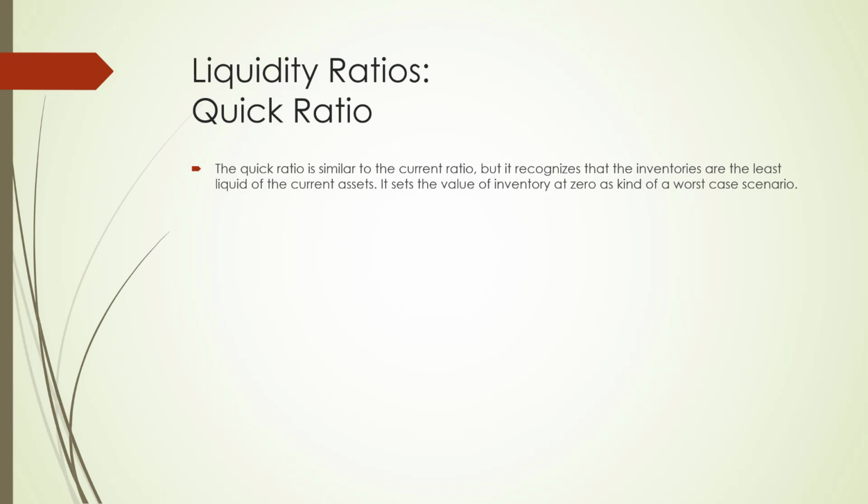What they're doing is cutting the price of their inventory dramatically to try to move it much more quickly. And so the quick ratio recognizes that inventory is fairly illiquid, and simply sets the value at 0. So the formula really is current assets less inventory divided by current liabilities.